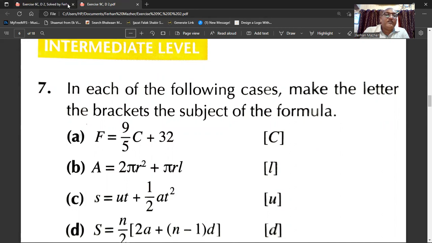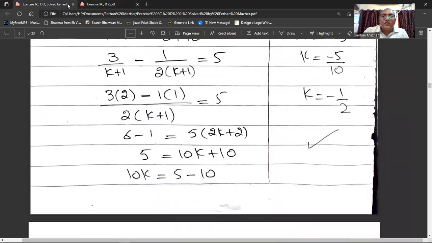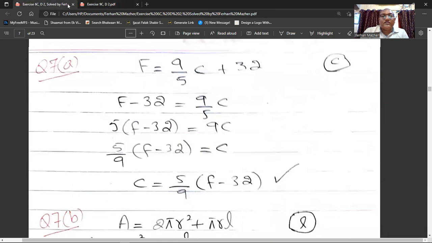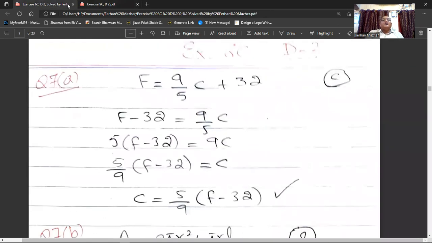Very simple, straightforward question. So this is F equals 9c divided by 5 plus 32. First of all, take this plus 32 to the other side. F minus 32 will be equal to 9 by 5 c. Then this 5, which is dividing here, will go to the other side and multiply.